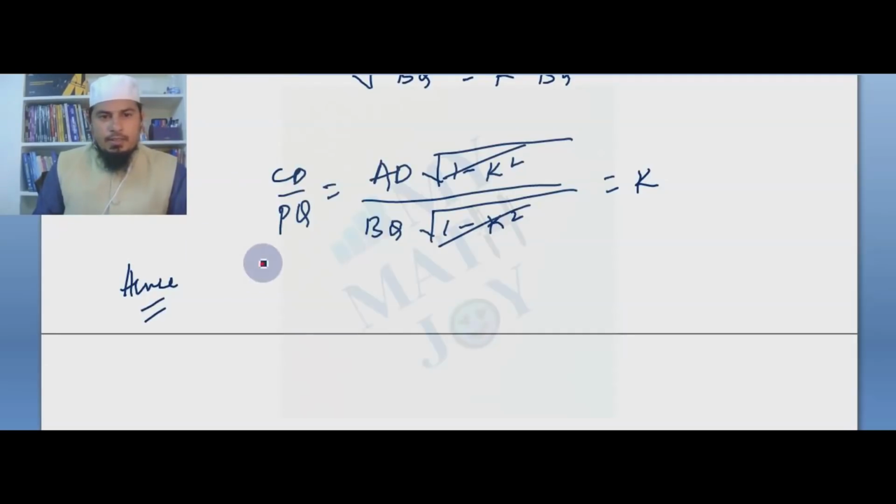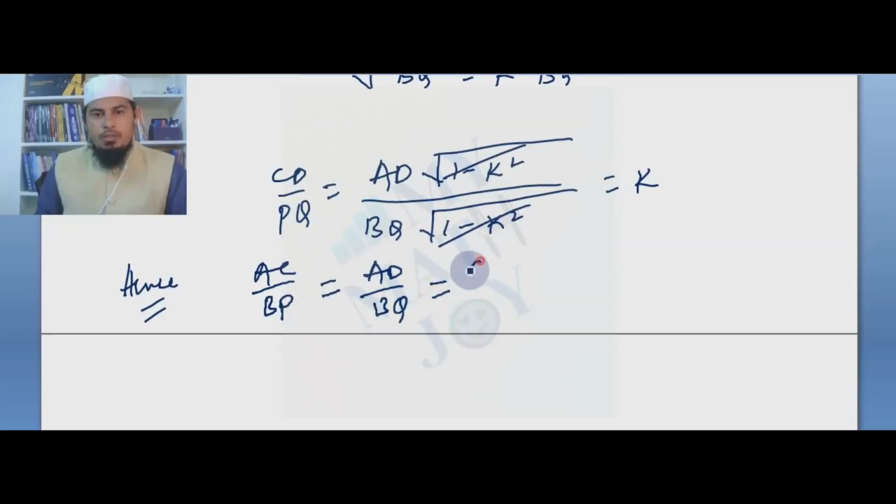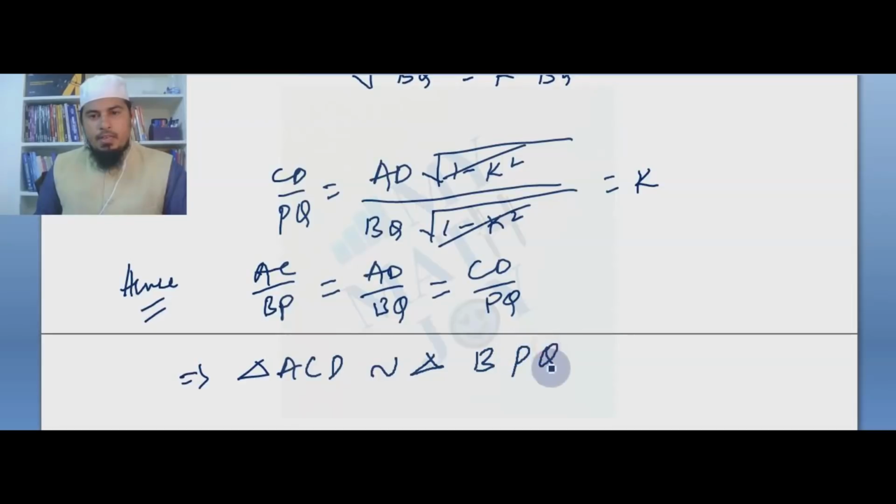Hence AC by BP is equal to AD by BQ is equal to CD by PQ. That implies triangle ACD is similar to triangle BPQ by triple S similarity criterion.